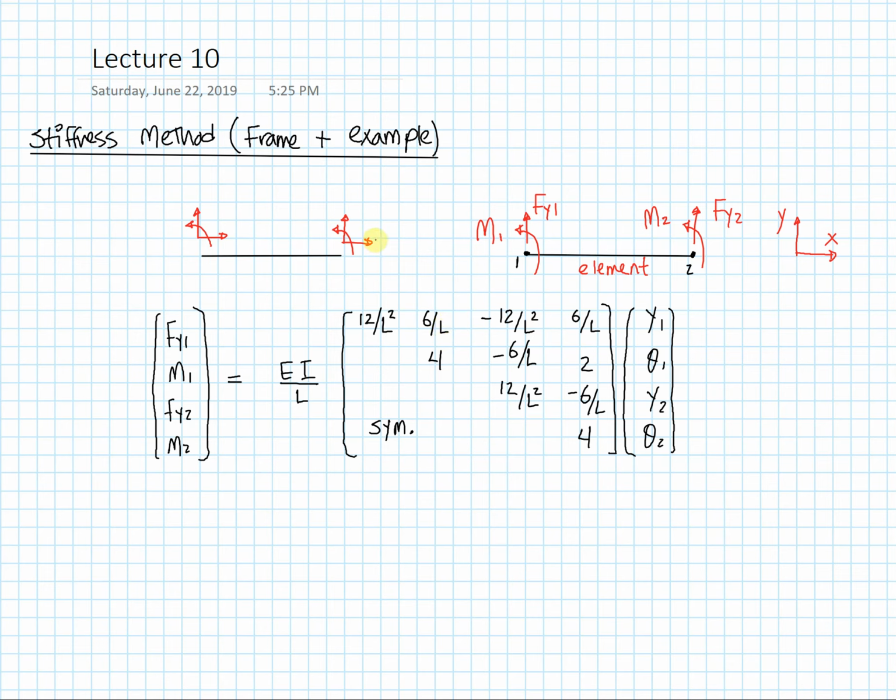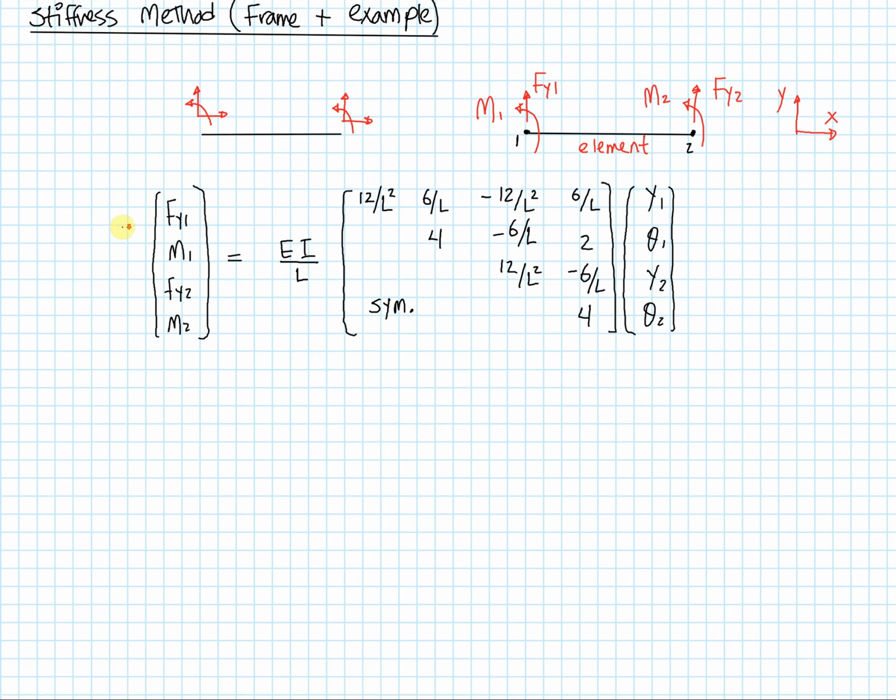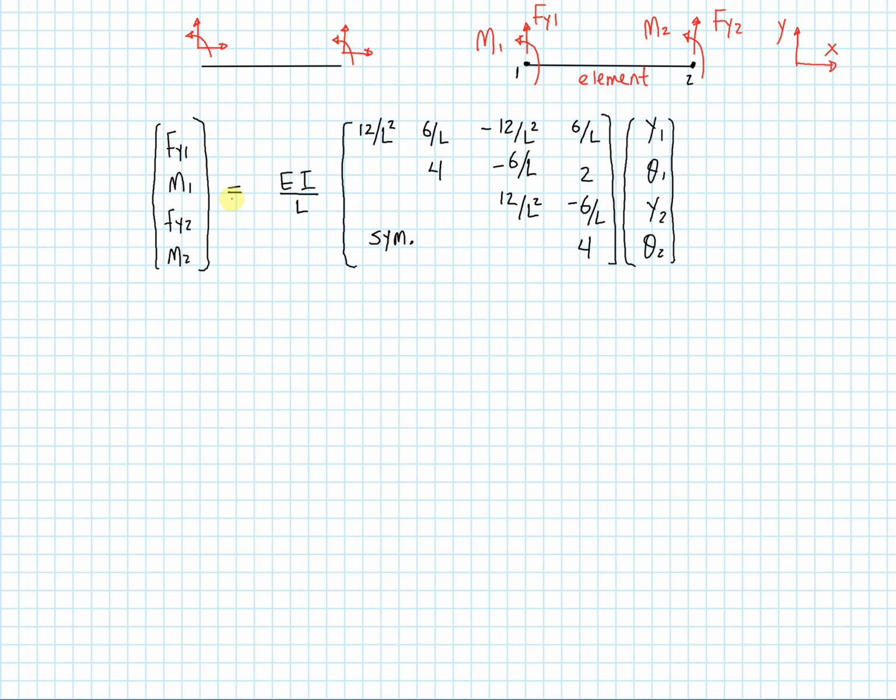Okay? So let's take advantage of this new stiffness method and do an example and see how it can be applied in some sort of frame analysis example. All right, so in this example, we're going to be looking at a 2-span beam element that is fixed at one end and has a roller connection. And there's also a force that is being applied at a 45-degree angle. So let's draw these.